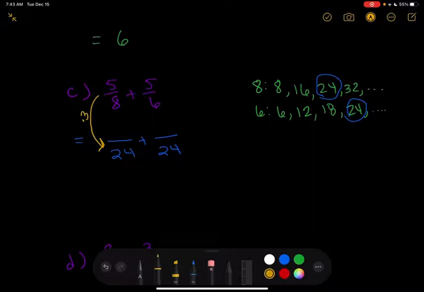So 5 times 3, I get 15. Okay, now if I had 6 and now I'm blowing it up to a giant 24, I'm multiplying it by 4, right? 6 times 4 is 24. So whatever I do to the bottom, I need to blow up my fraction the same on the top to keep it consistent. So 5 times 4, I would get 20.